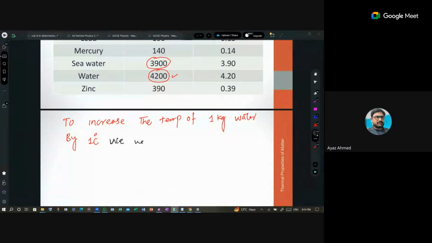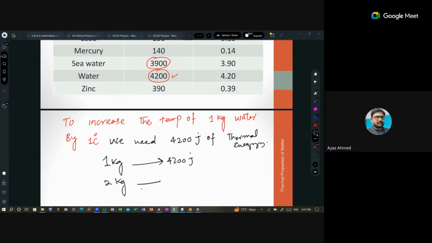We need 4200 joules of thermal energy. Are you getting this? So for 1 kg, I need 4200 joules. For 2 kg, how much will it be?